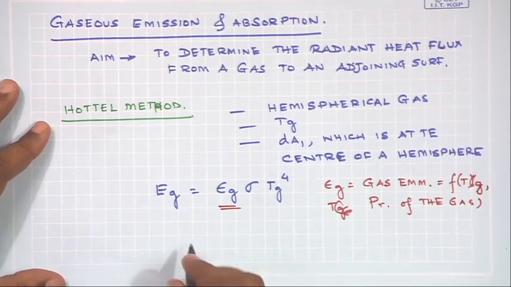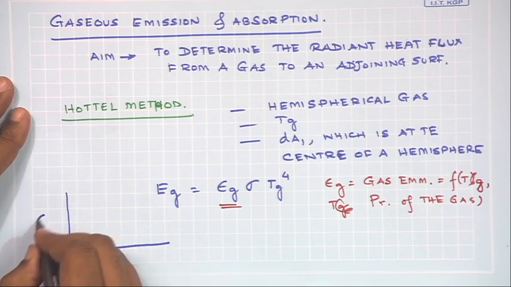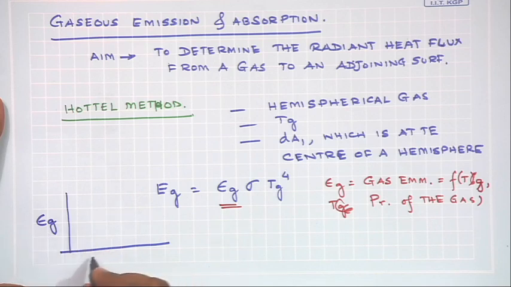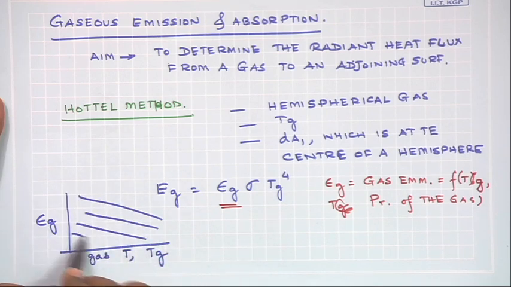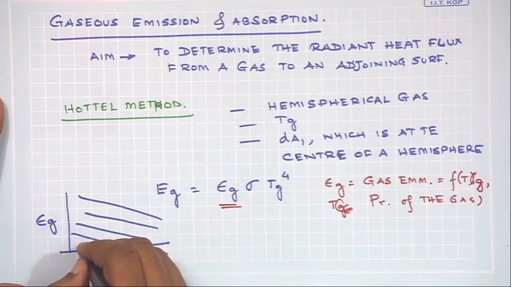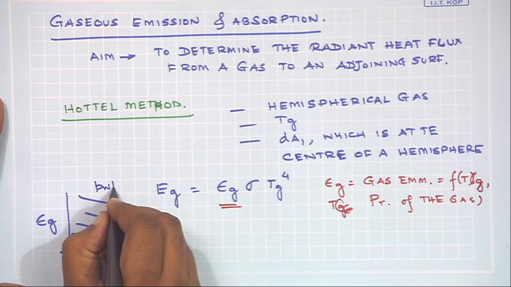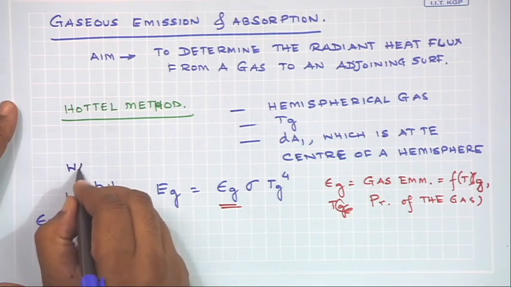So, what he has shown, in a graphical way, is how he has calculated this value of epsilon g. This is a function of gas temperature, which is T g, and he has got a family of curves, in increasing order of P w times L. So, P w, this is for water.